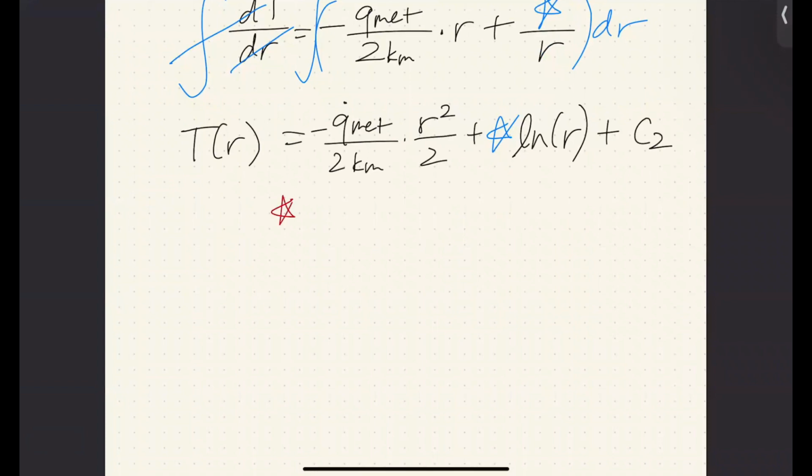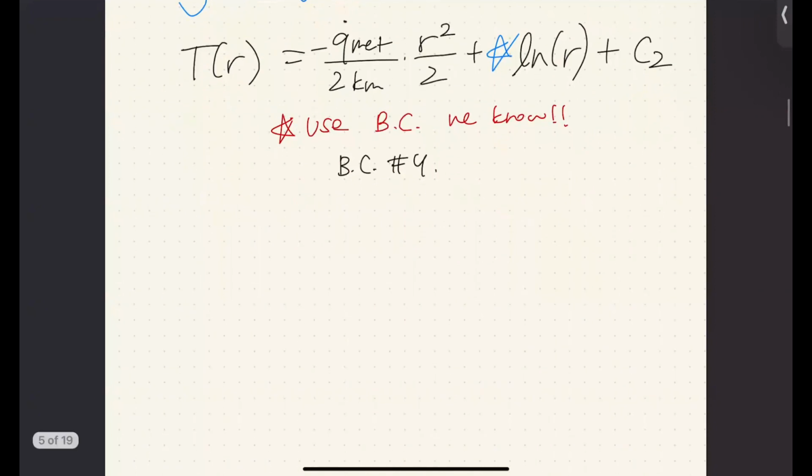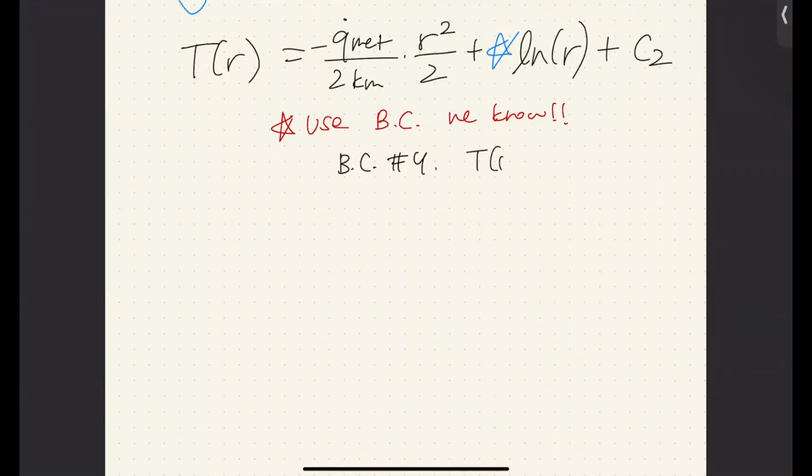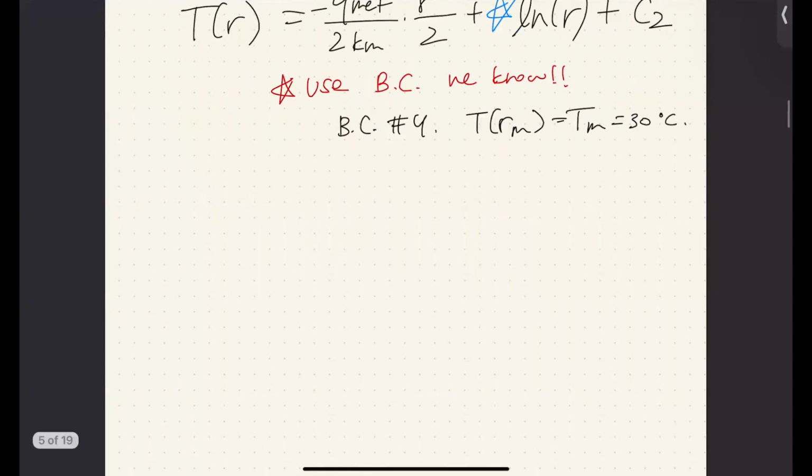Now, use another boundary condition we know. This is boundary condition number 4. We know that T at R_m, the muscle, is Tm, 30 degrees Celsius. I usually keep it in the Tm form, because I prefer to plug my numbers in at the end.